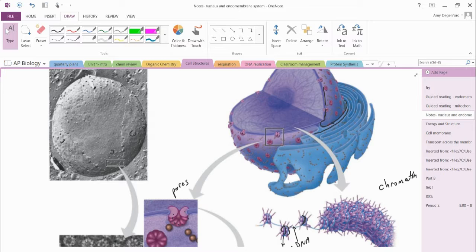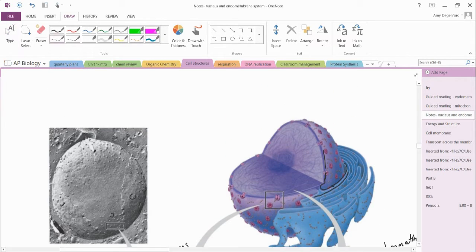And then the other thing we have would be the nucleolus, and the nucleolus is this dark area. The nucleolus is going to assemble ribosomes. Now, this can be easy to forget, and you get it mixed up with ribosomes. Ribosomes make proteins. The nucleolus assembles the ribosomes.